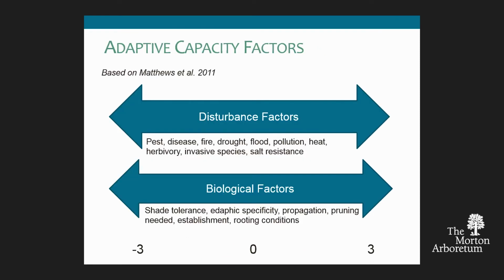So in order to assess adaptive capacity, we've modified an approach from Louis Iverson and Steve Matthews, who will be giving a presentation next, where they have identified these key factors for adaptive capacity in trees. And these are looking at disturbance factors such as pests and disease and fire and drought resistance, and then biological factors, so how shade tolerant is your tree, its adaptive specificity, its ability to propagate.